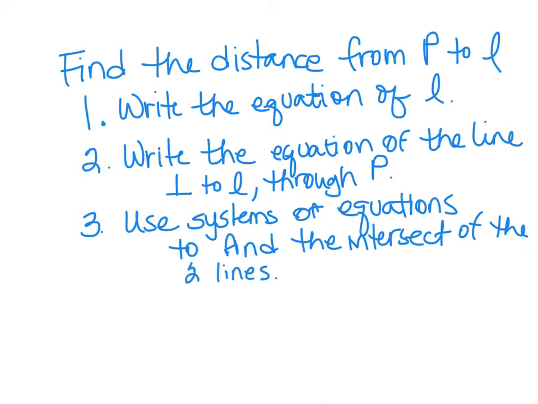So imagine that I have this graph here, and I have line L right here, and point P right here. Okay, and so I have the equation of line L. I need to find the equation that's perpendicular that goes through P, right?